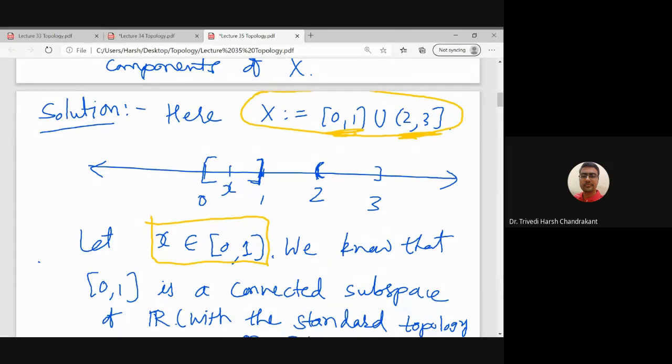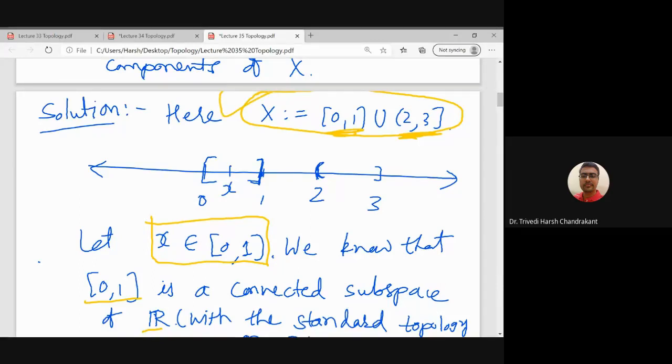We know that the closed interval 0, 1 is a connected subset of R, because it doesn't contain any separation. Today we will see another proof of that. If you don't know the proof that the closed interval 0, 1 is connected, we will prove it using the notion of path connectedness. So the closed interval 0 to 1 is a connected subset of X.